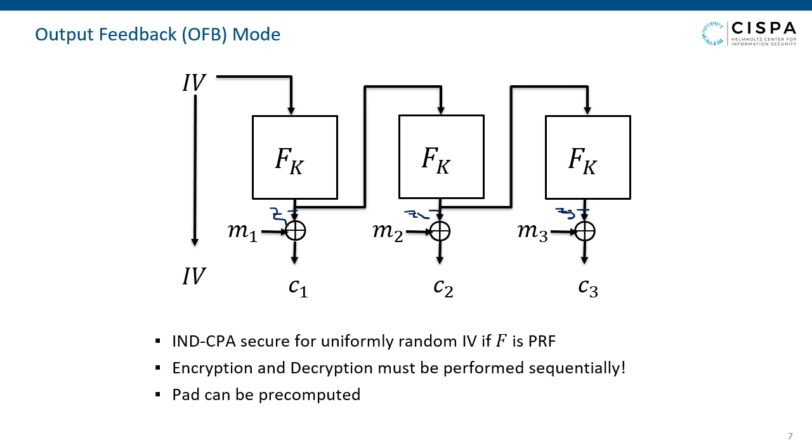So this expensive sequential computation can be pre-computed, and then when you actually get your message, you just need to XOR these pre-computed values Z1, Z2, Z3, and so forth onto your messages to get the ciphertext. The same for decryption. You can compute C1, Z2, C3, and so forth for decryption as well.